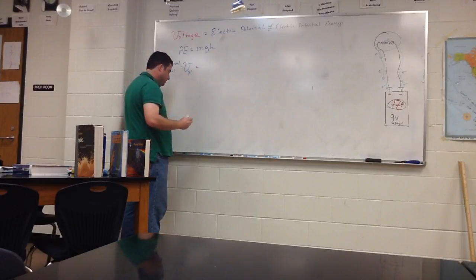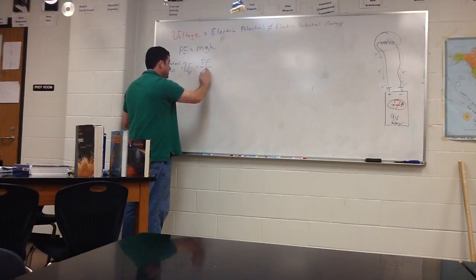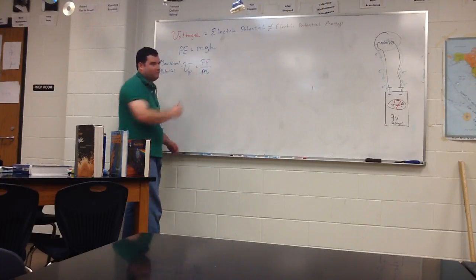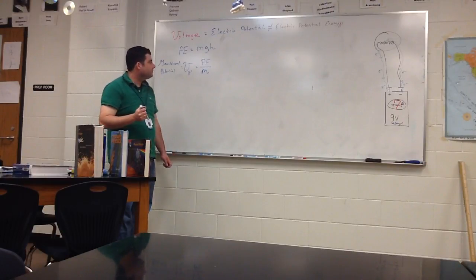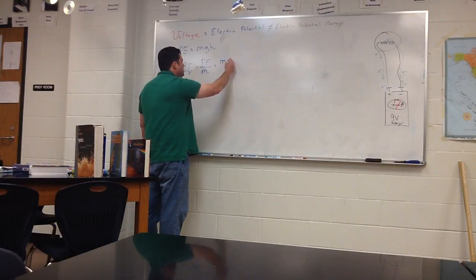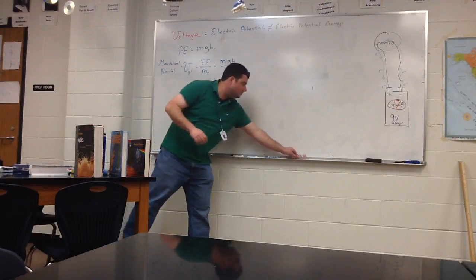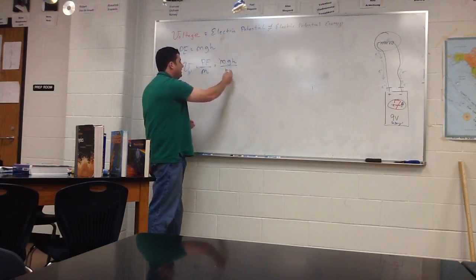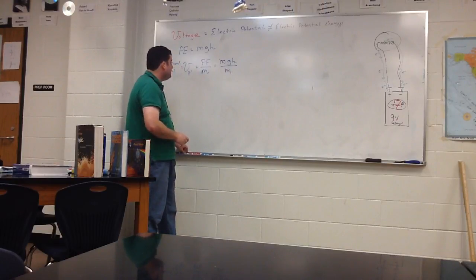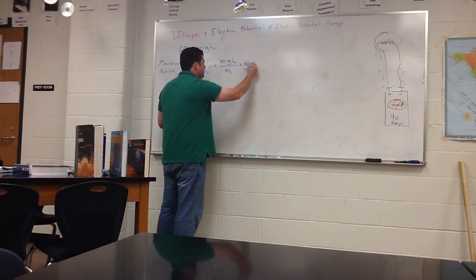It's going to basically be potential energy divided by charge, or excuse me, by mass. We're doing gravity, not electricity. So what would that end up being? It would be mgh over m, and we get the obvious cancellation of mass. So we're just left with gravitational potential being gh.